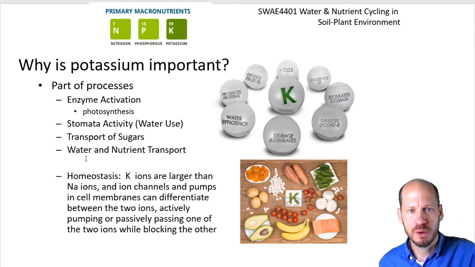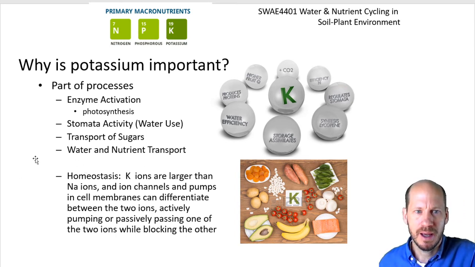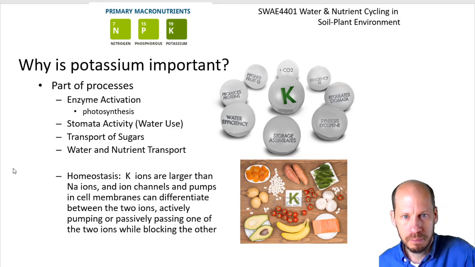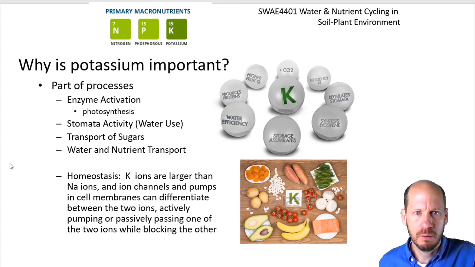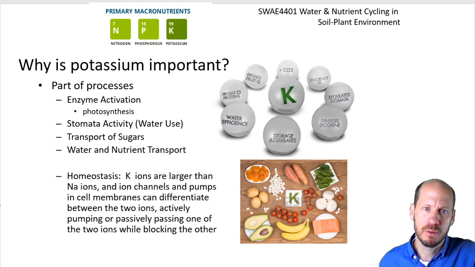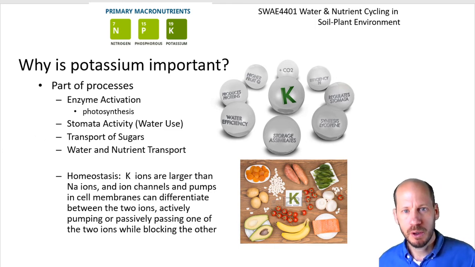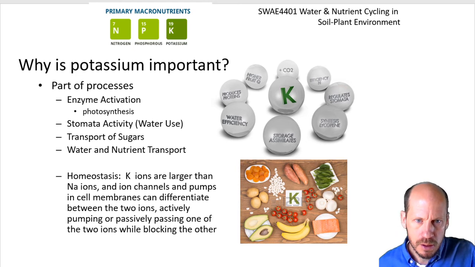So this homeostasis, this equilibrium between all these processes that are dependent on electrochemical gradients in the cells, is strongly regulated by potassium. So we need potassium in quite high amounts in cells.